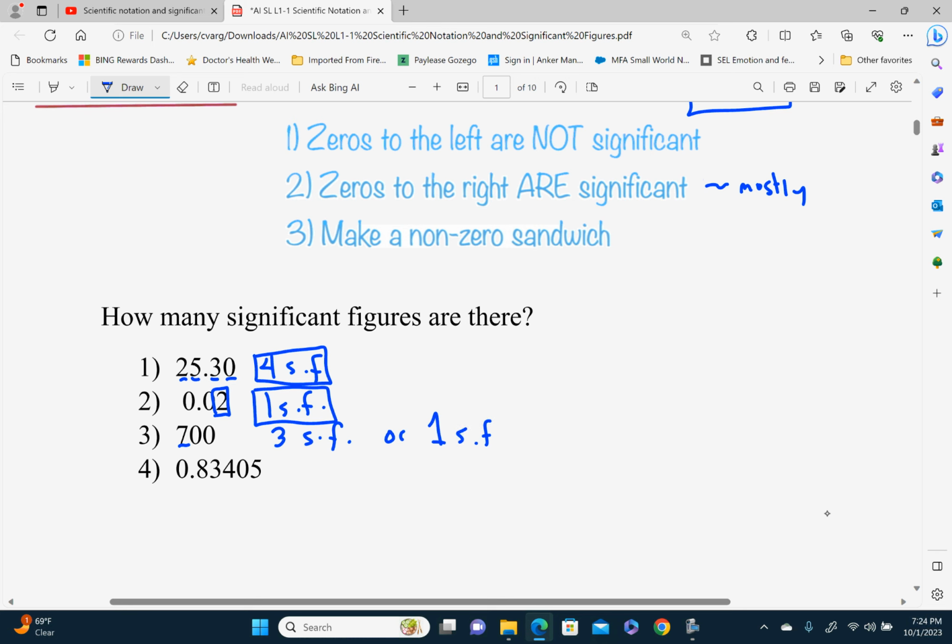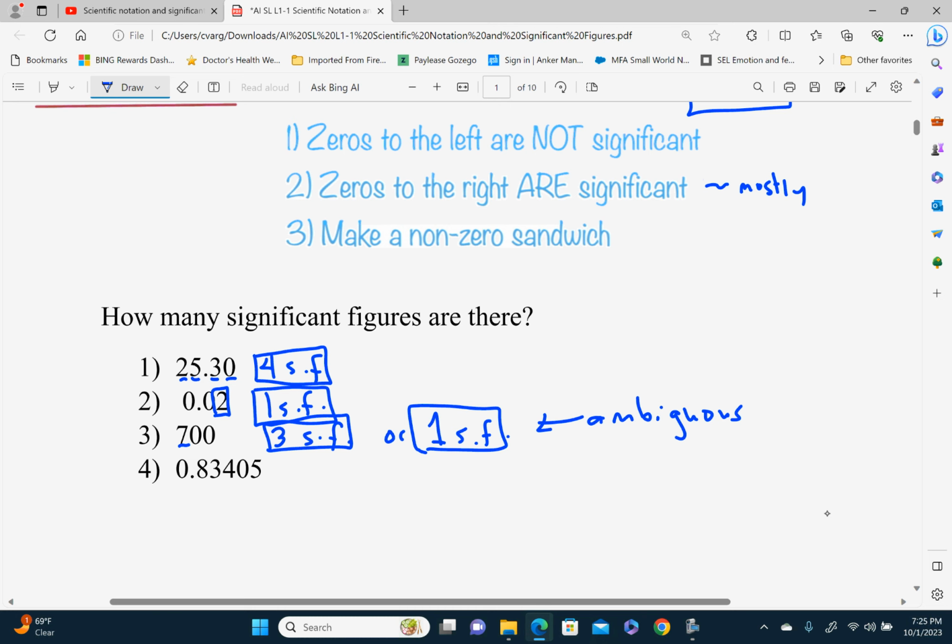So this one is called an ambiguous case. Depending on if we're just taking the numbers and rounding them, then it's 1 significant figure. But if we want to be precise and we're counting from numbers 1 all the way up through 700, then that's going to be 3 significant figures. So this one is, like I said, a little bit less precise or less clear.